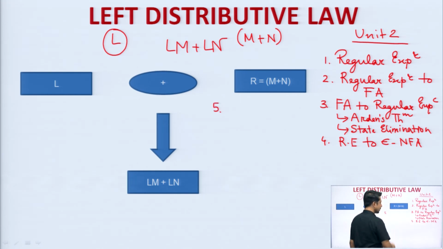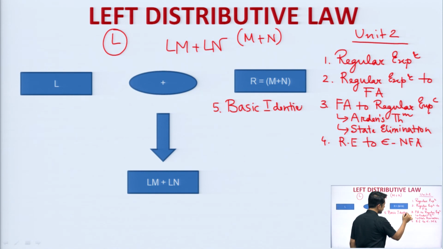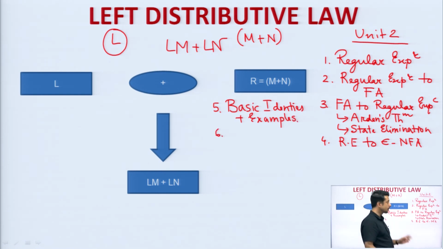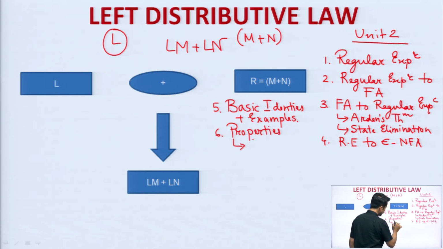And then we have seen some of the basic identities, and you need to follow these identities in a proper way, plus examples, or you can say proofs of this. Then we will be looking at some of the properties, and these properties comprise closure properties as well as decision properties.